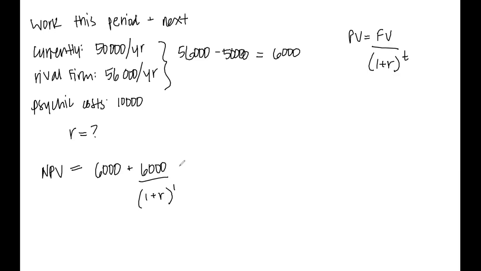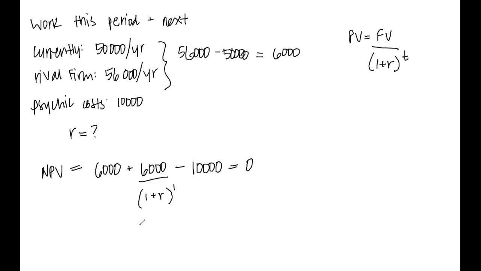And then the site kit costs aren't discounted because they're current, so we can just tag on the 10,000 and then to solve for r, we can set this equal to 0. So solving for this equation, on the left we see a 6,000 and a negative 10,000, so that becomes negative 4,000.